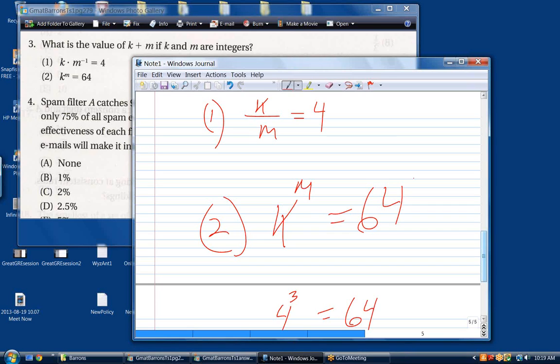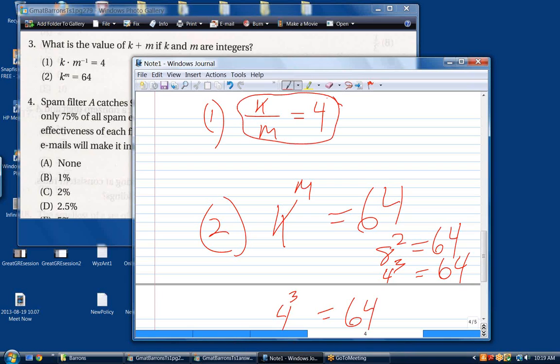Well, if we assume that the only two solutions for the second one are 8 squared equals 64 or 4 cubed equals 64, does number one pin it down between those two? It would have to be 8 squared.